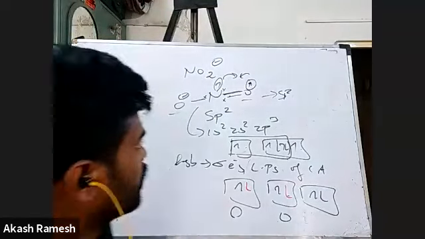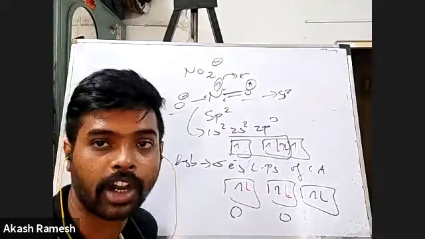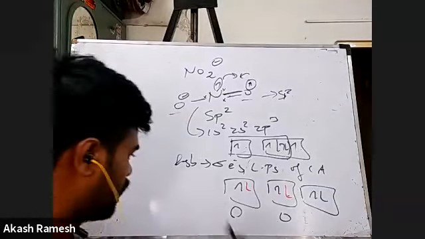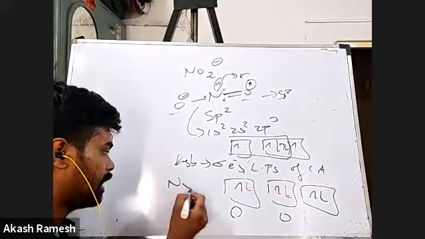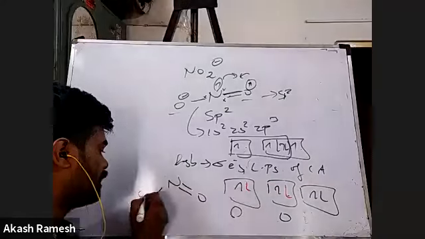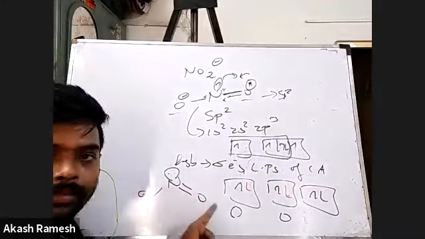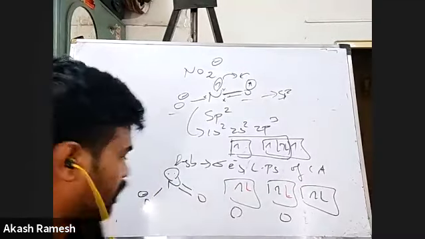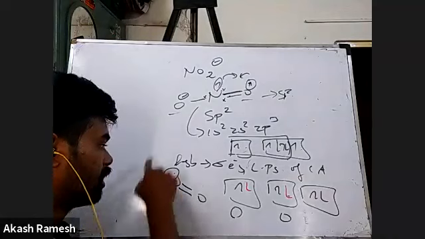So obviously here the shape is going to be how? If I just draw the shape, you can see that it is going to have a bent shape, isn't it? This is here, this is here, there's a lone pair.